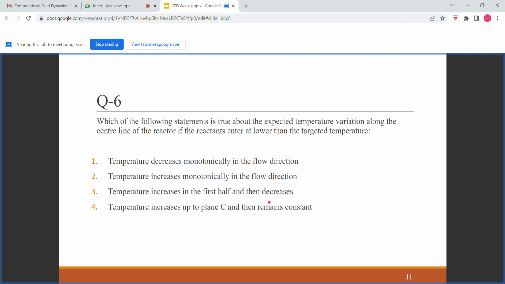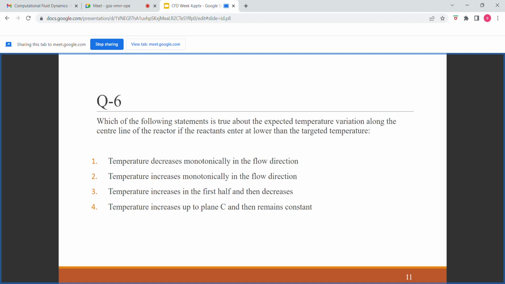So we have seen that initially the thing that is present is plane A, and the next thing is plane B at the midpoint. Plane A is the initial one and plane D is the last one, where the reactants enter through plane A and leave through plane D, with plane B at the midpoint and plane C at the midpoint between planes B and D, where catalyst is coated between planes B and C. So obviously the reaction would be taking place at max between planes B and C, where catalyst is present.